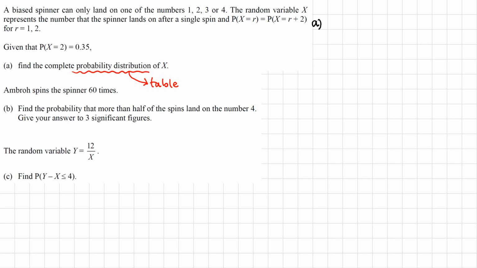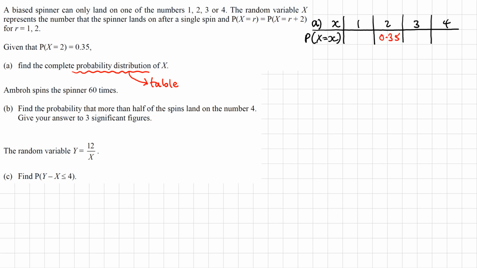Our table is going to have the outcomes of X, 1, 2, 3 and 4 on the top row, and the bottom row is going to have the probabilities of each of those outcomes of X. Now, we've been told in the question that the probability that X is equal to 2 is 0.35, so that can go in straight away.